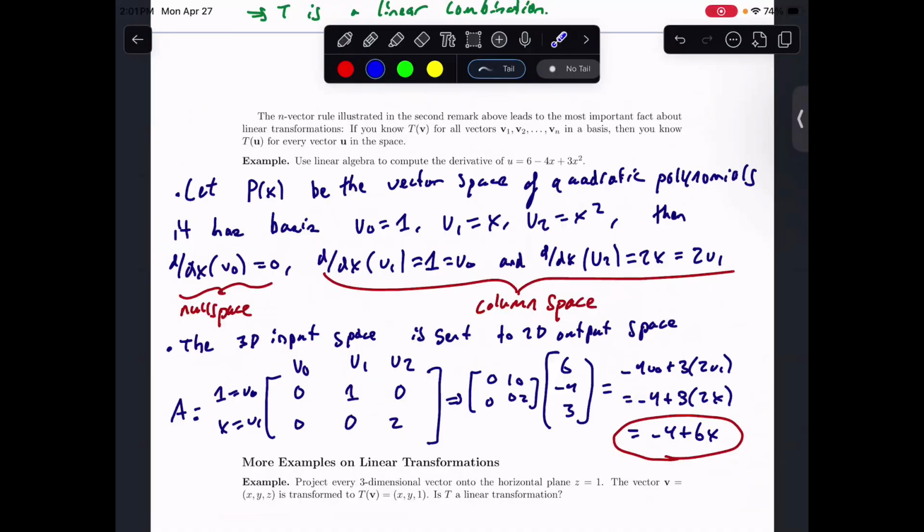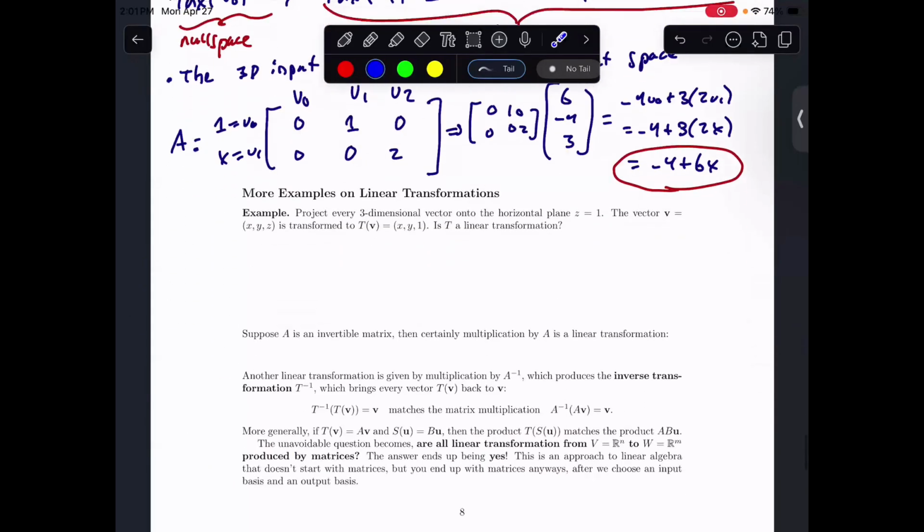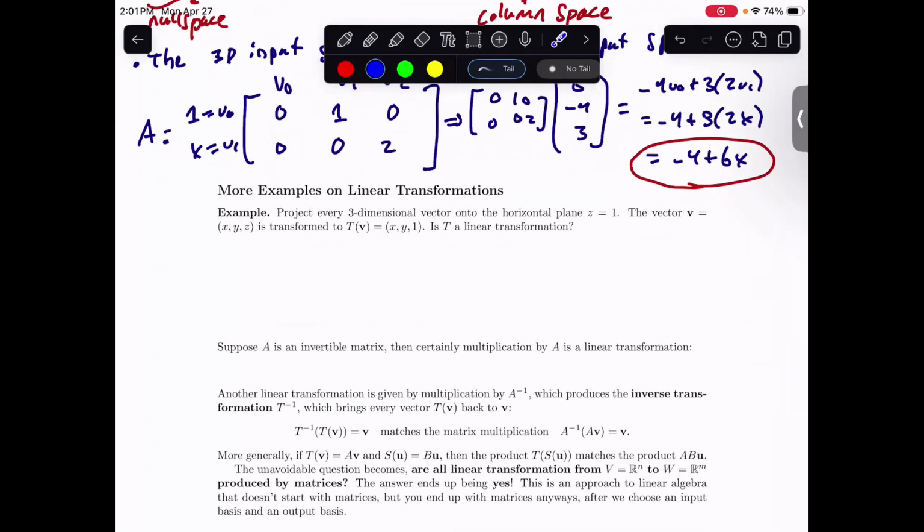We'll expand upon this idea and talk more concretely, and eventually we'll be able to relate what properties a linear transformation has and what that says about its corresponding matrix. So this section is just about exposing you to this idea in the first place. We're going to look at more examples of linear transformations, and then we'll see what it does to vectors in the plane on the next page.